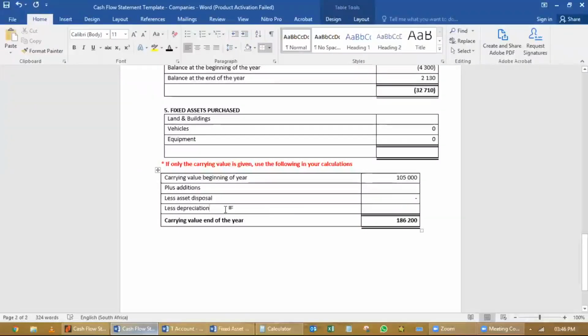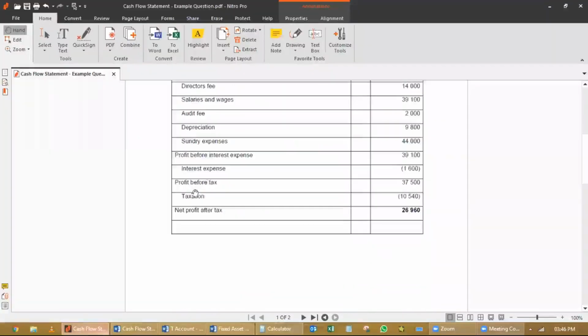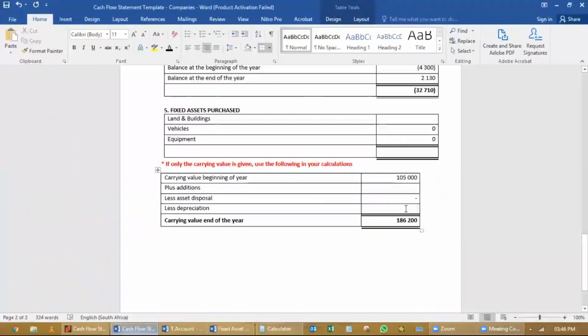Where do you find depreciation? In the income statement. Go up here. Depreciation 9,800. We put this in brackets because the note says less asset disposal, less depreciation, so we have to put it in brackets.